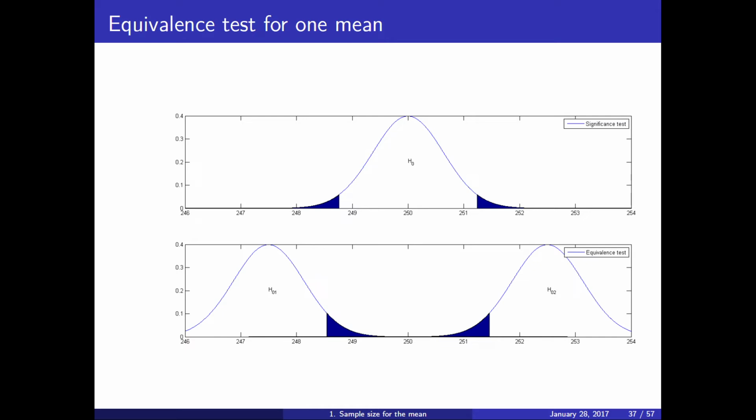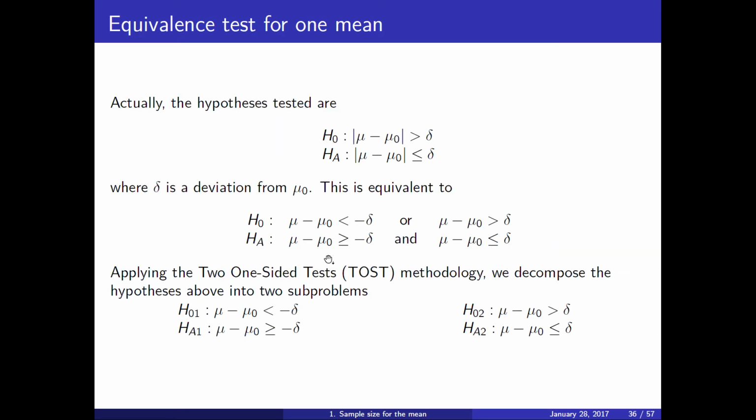And so the null hypothesis is this one, at the middle, and then if you have deviations, you stop it. You reject the null hypothesis. Here, you have two null hypotheses. One is centered at mu minus delta, and the other one at mu plus delta.